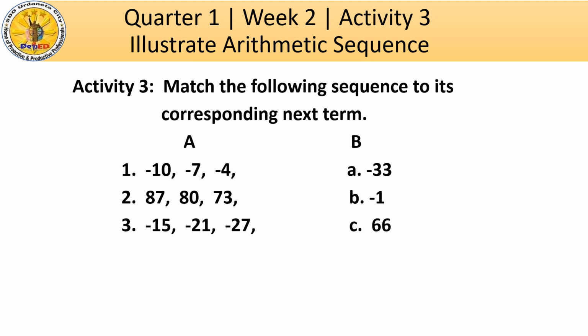Then you have to match these to the choices, where A is negative 33, B is negative 1, and C is 66. Here you can use your equation or your short method.